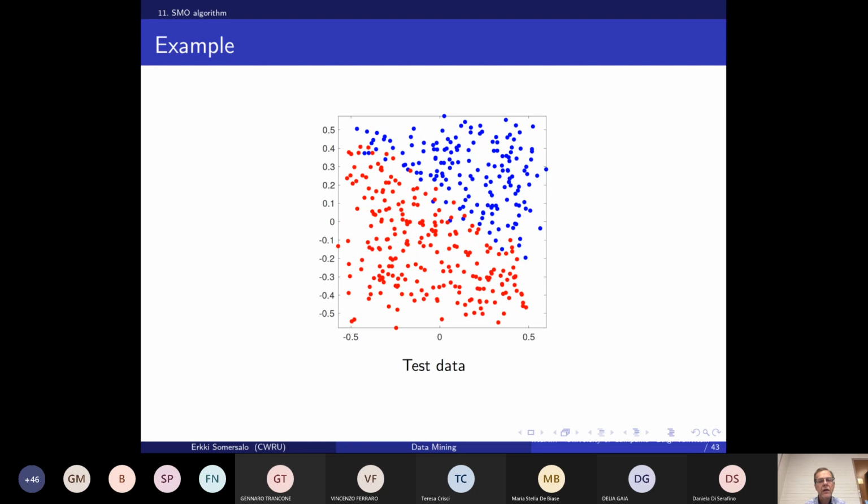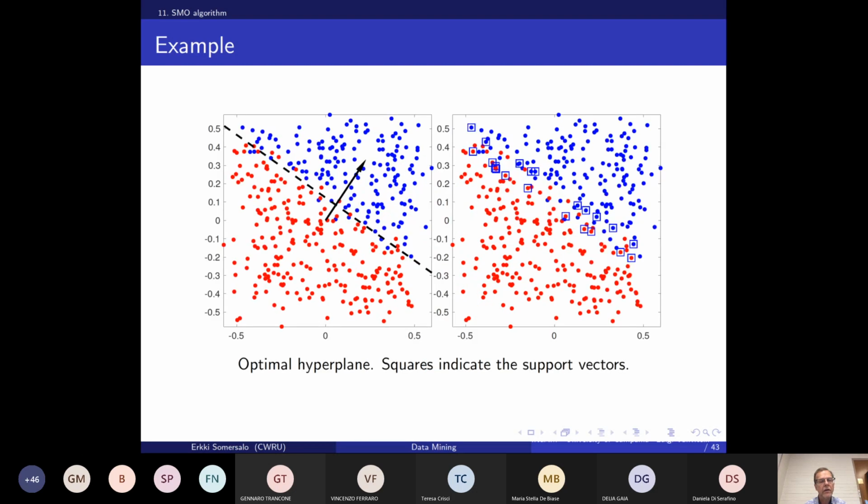Okay, and here is the result. When I run my algorithm, it finds a Q vector, which is this black arrow here, and the plane that is optimally separating these two sets is this dashed line here. You see that there are very few outliers, and the support vectors in the right panel are marked by squares around them.